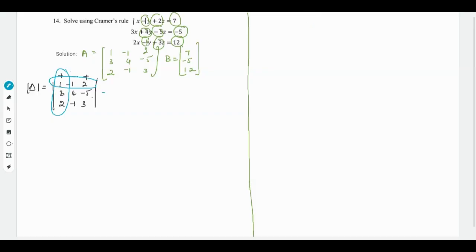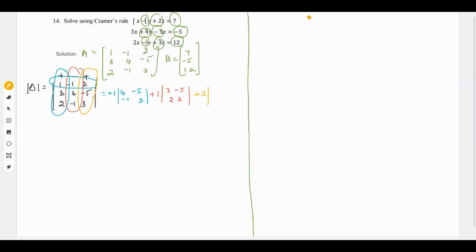So it will be plus 1 times the determinant of 4, minus 5, minus 1 and 3. Then the second one, minus of minus 1 will be plus 1; if you leave that row and that column, we get 3, minus 5, 2 and 3. Then the last one, if you select the last element of the first row, it will be plus 2.